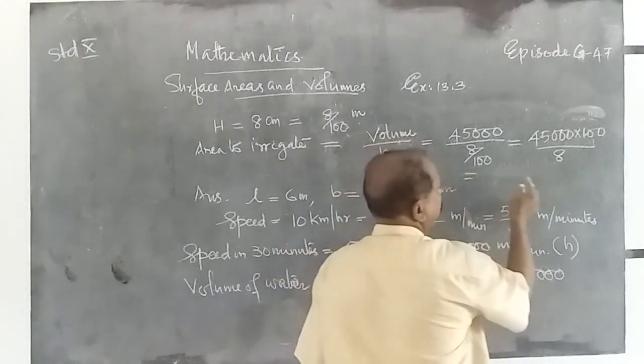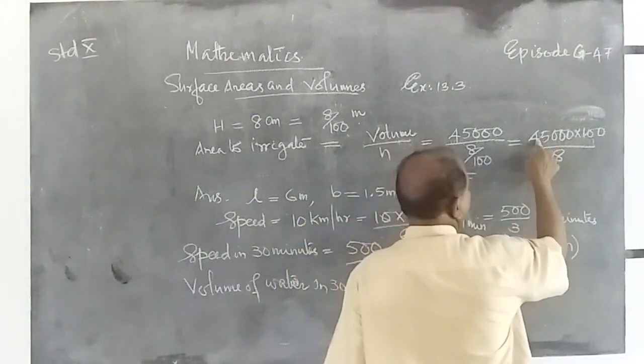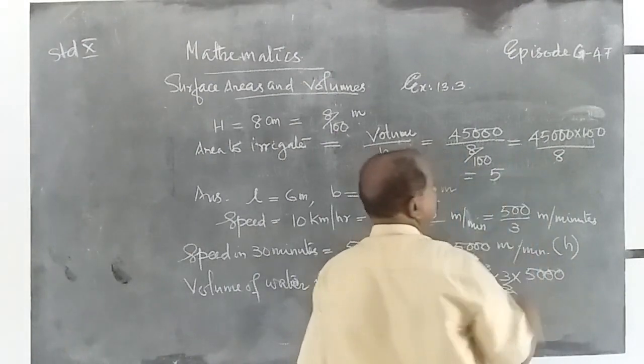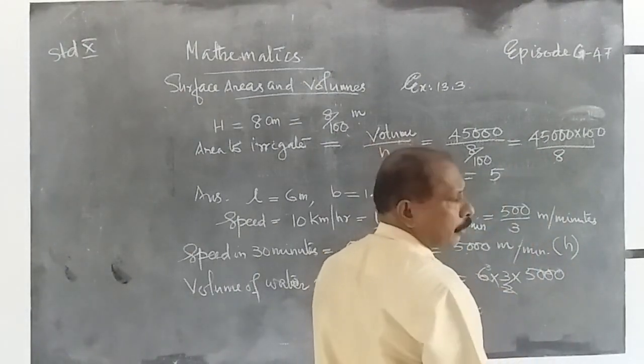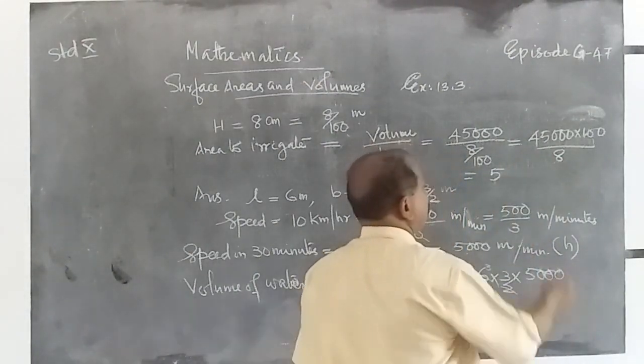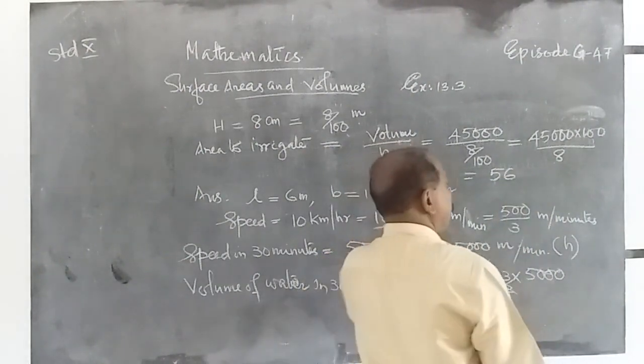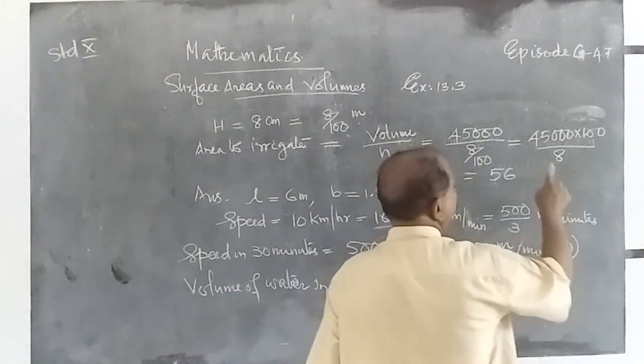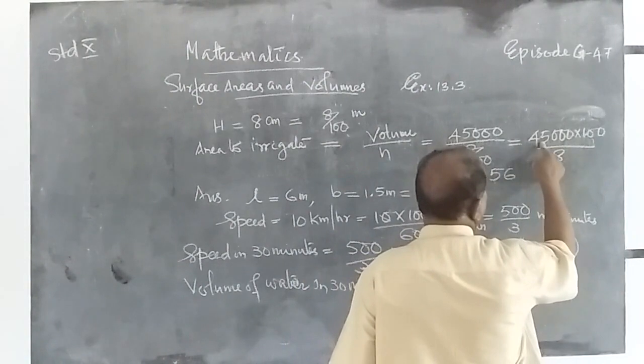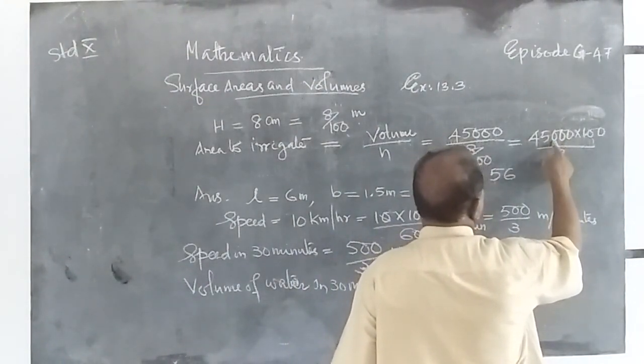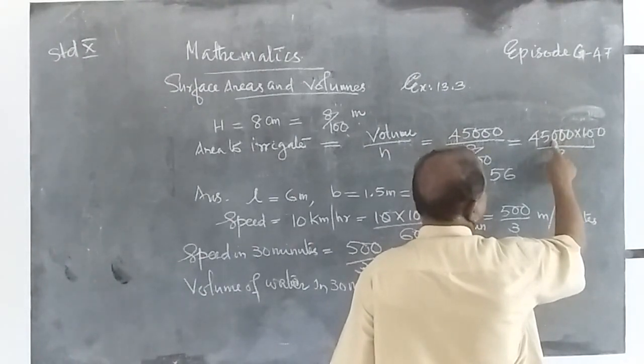That is equal to, 8 5s are 40, then 8 6s are 48, then 20.